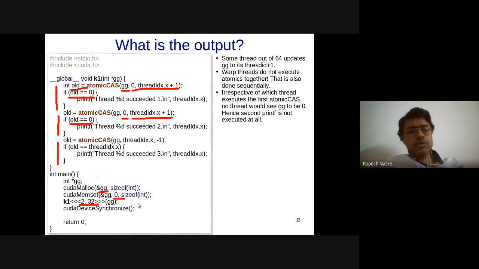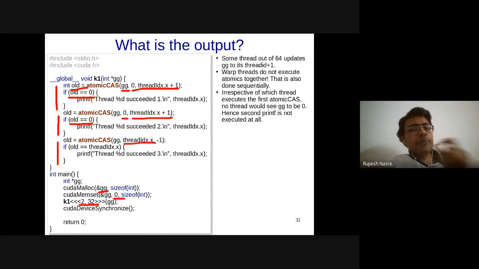All right. So let's come to the third part. Here, we expect in general that if GG, the value of GG, whatever it has been set, is equal to my thread ID, which means that my previous thread in the 0 to, let's say, 31, has successfully executed this first atomic cache, then it has set the value of GG to my thread ID because of thread ID + 1.